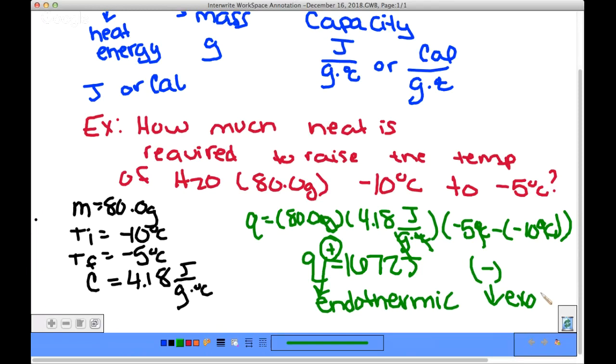To talk a little bit about endothermic and exothermic, one of the things you want to think about is that exothermic means that heat's being released. If heat's being released, that means that if you're holding the substance, it might feel hot.